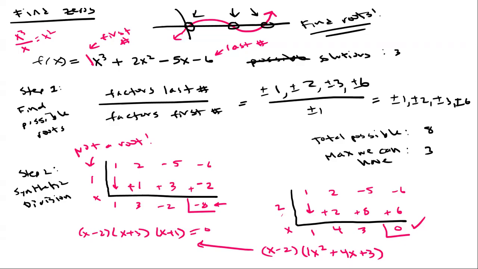So we set each one of them to 0 and solve. We have x minus 2 equals 0, x plus 3 equals 0, and x plus 1 equals 0. When we solve that, the first one, we're going to get x is equal to 2. The second one, we're going to get x equals negative 3. And the third one, we're going to get x is equal to negative 1.